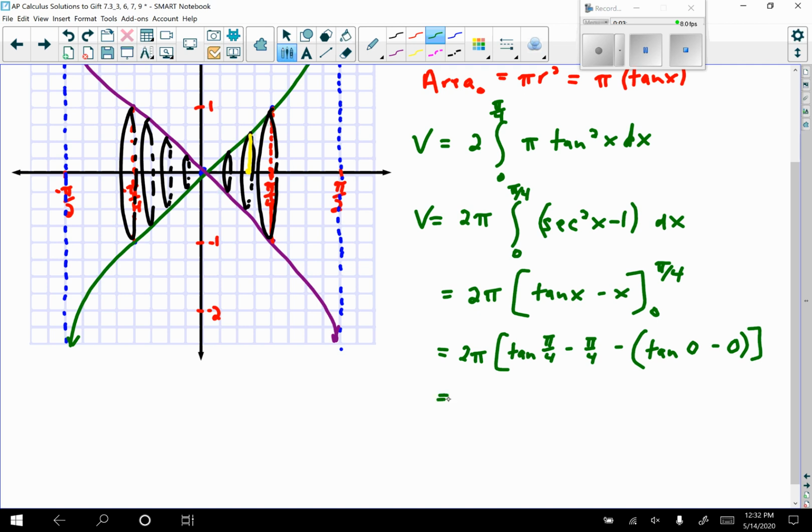Tangent of pi over 4 is just 1, so we get 2 pi times the quantity 1 minus pi over 4. Tangent of 0 is just 0. So we get 2 pi minus pi squared over 2 cubic units.